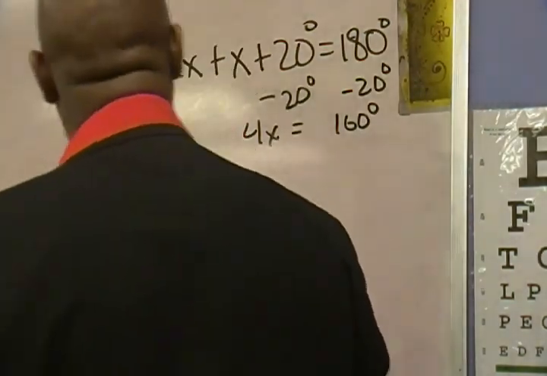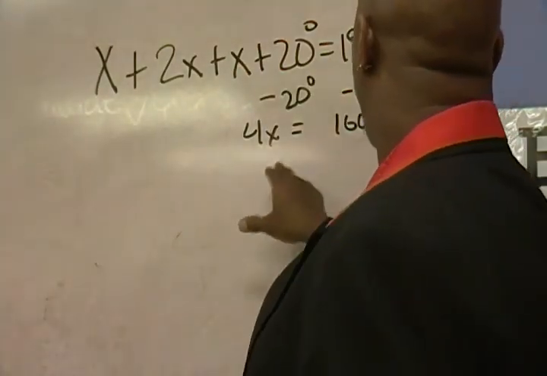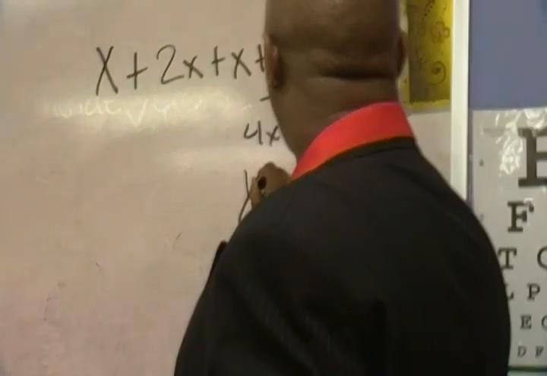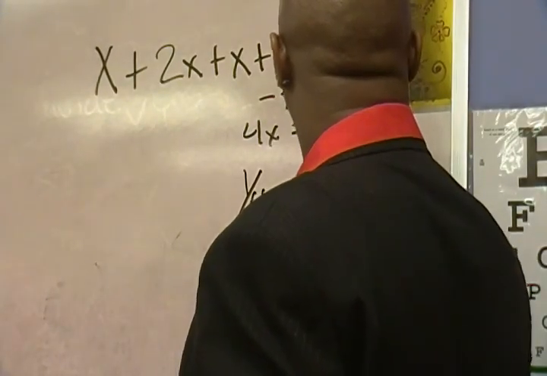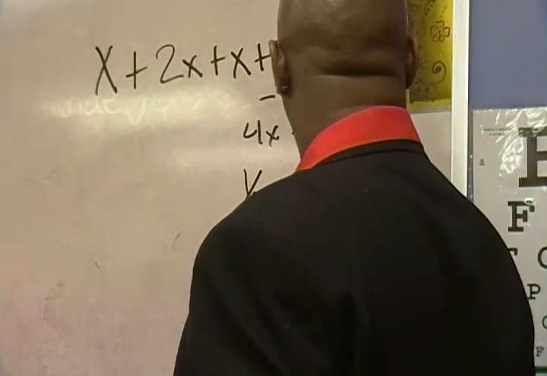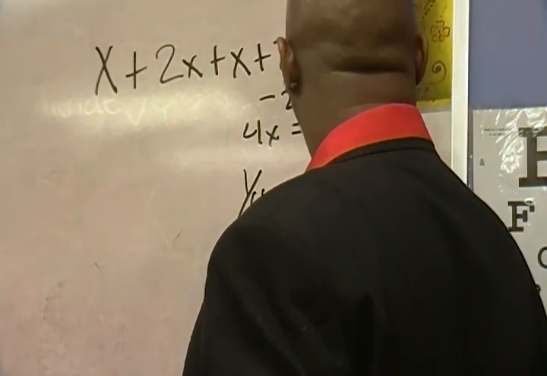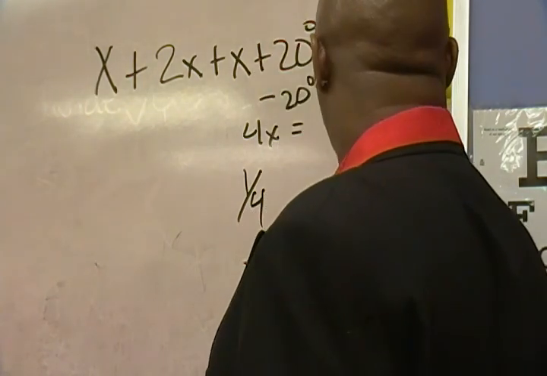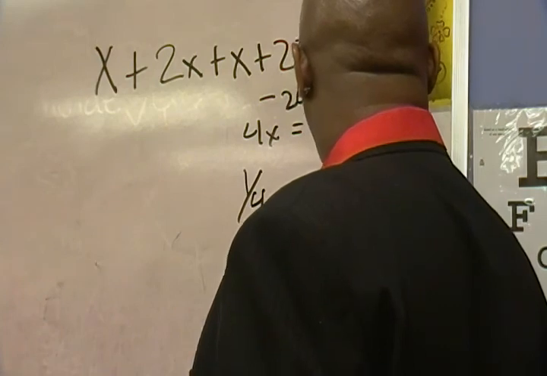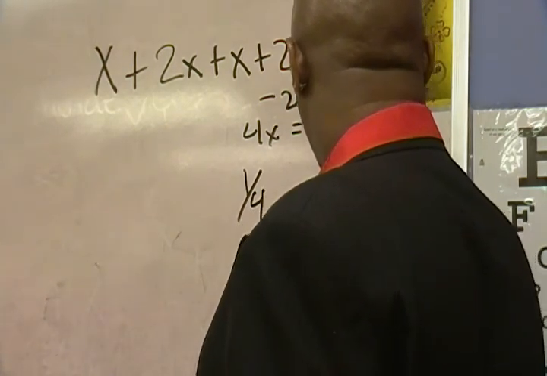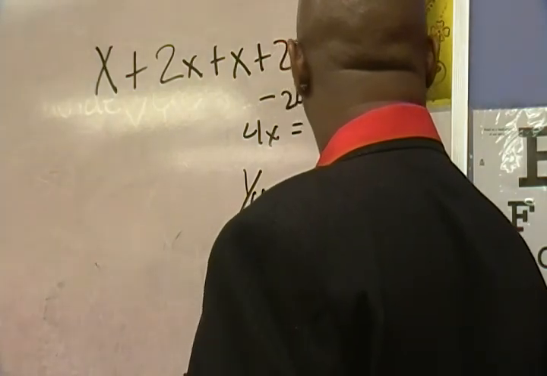So 4x is 160. Now we have to multiply by 1/4. That's going to give you x equals 160 over 4. You know that 4 goes into 16 4 times, and into 0 0 times. X equals 40 degrees.